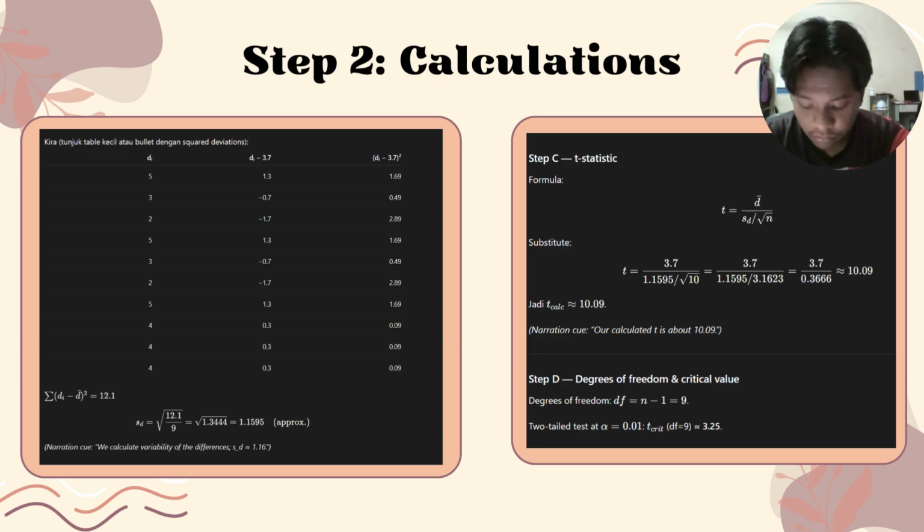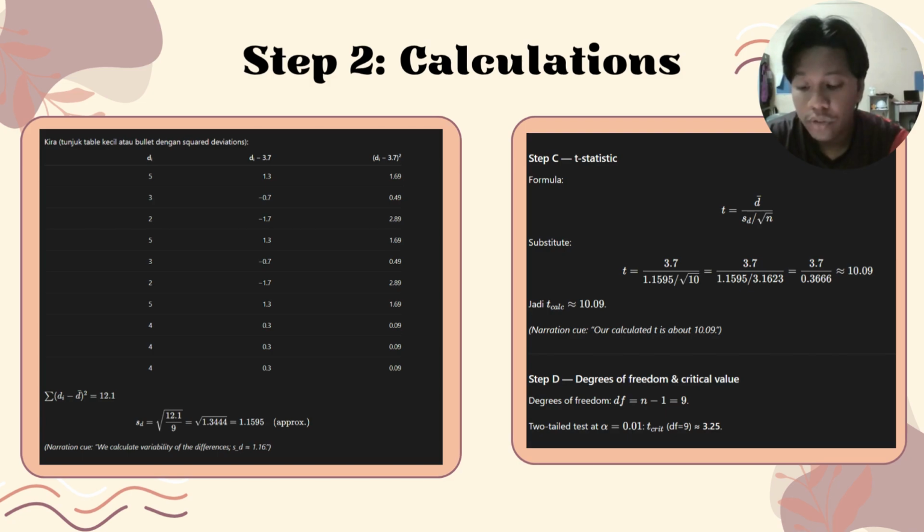So after we get the 12.1, just put it in the formula. SD equals square root of 12.1 over 9, and calculating it, we're going to get 1.1595.